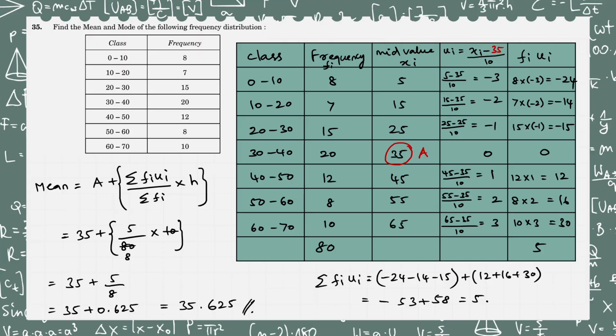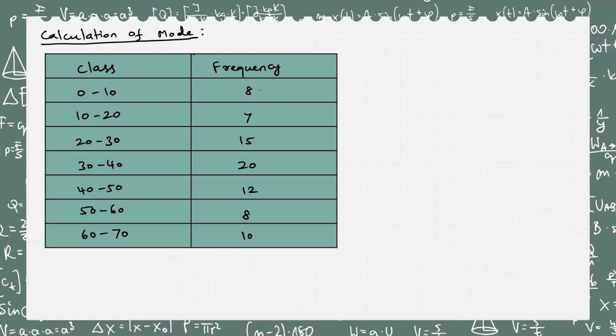Now we need to find the mode of this distribution also, so let us try to do that. For calculating the mode, I have taken the distribution table once again. For calculation of mode, we don't need any extra columns; only two columns are enough.